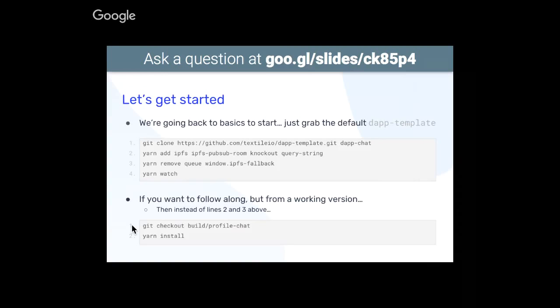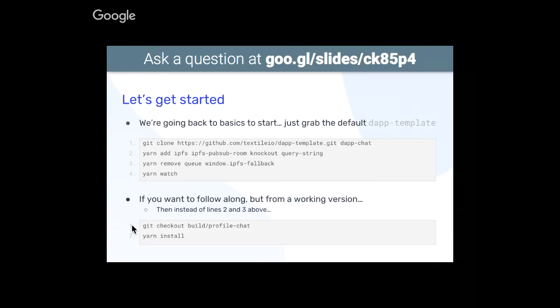So let's get started. We're going to go back to basics and just grab the default DApp template. We git clone that, and I cloned it into a folder called dapp-chat. Then, nice and easy, we're going to add a couple of libraries: IPFS, IPFS pubsub room, knockout, and query-string.